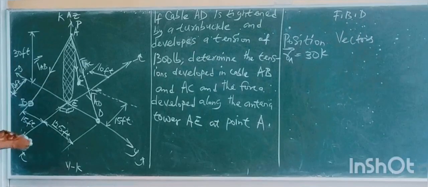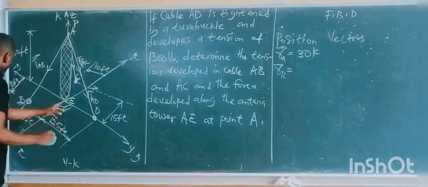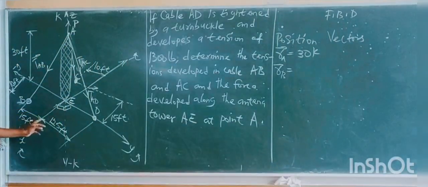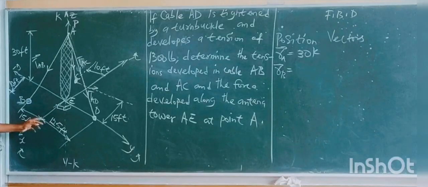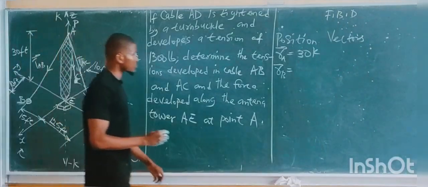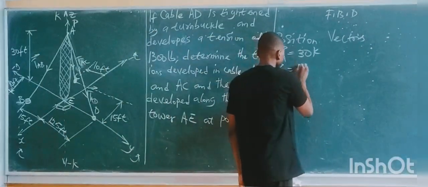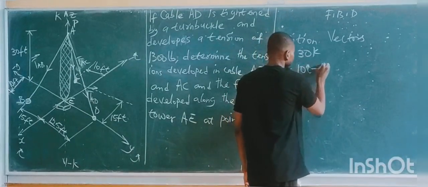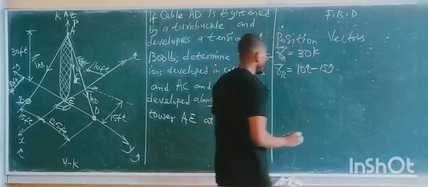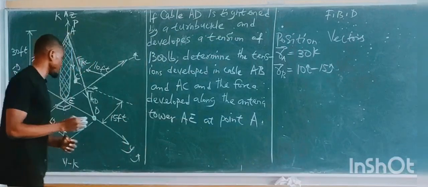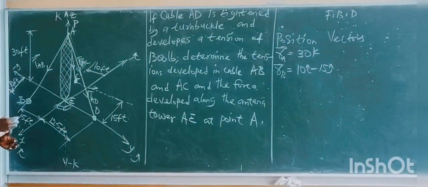So I'll simply have plus 10 in the I direction, and then minus 15 in the j direction. So I'll simply have plus 10I minus 15j. That's the position of point B, for the tension in cable B.